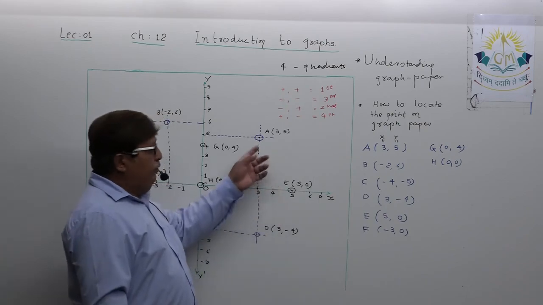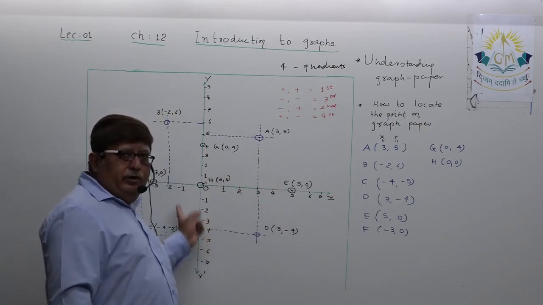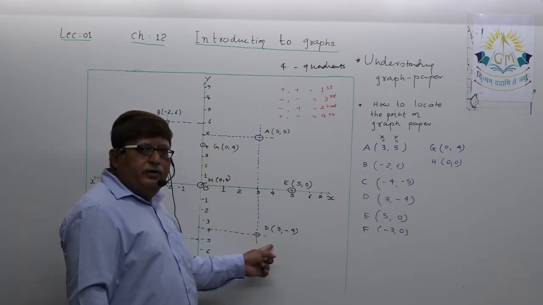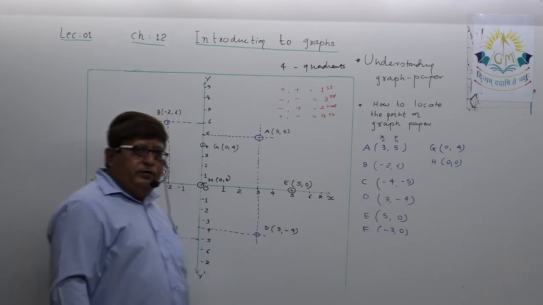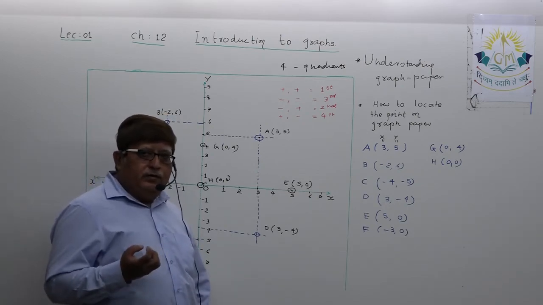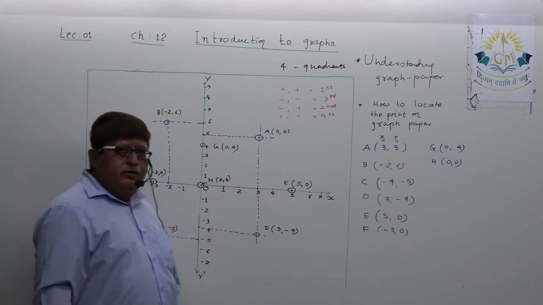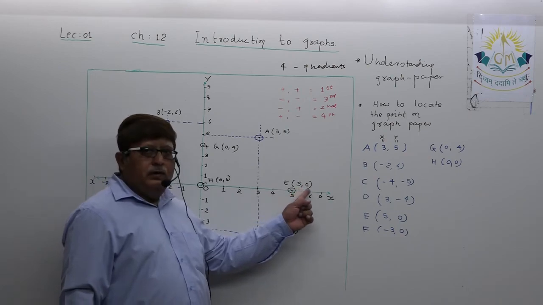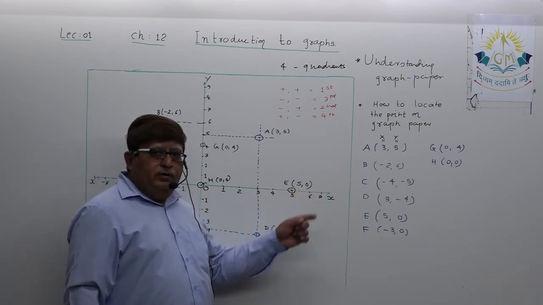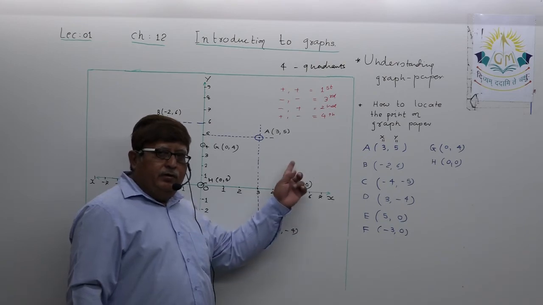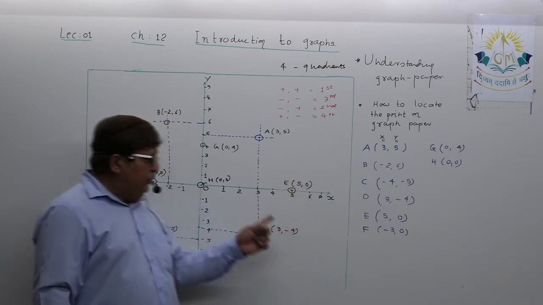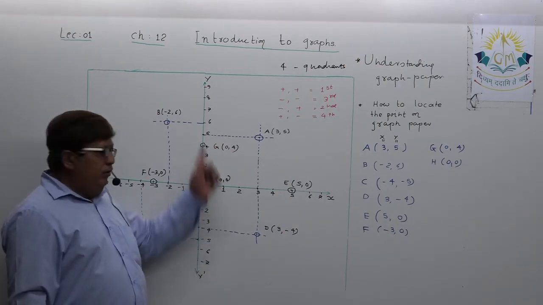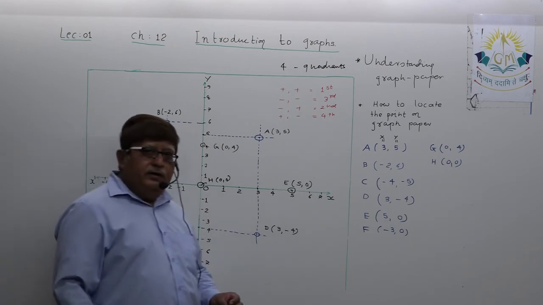What are the coordinates of the origin? (0, 0). Any point which has y coordinate 0 will not lie in any quadrant, but it lies on the x-axis. Any point which has x coordinate 0 will lie on the y-axis.